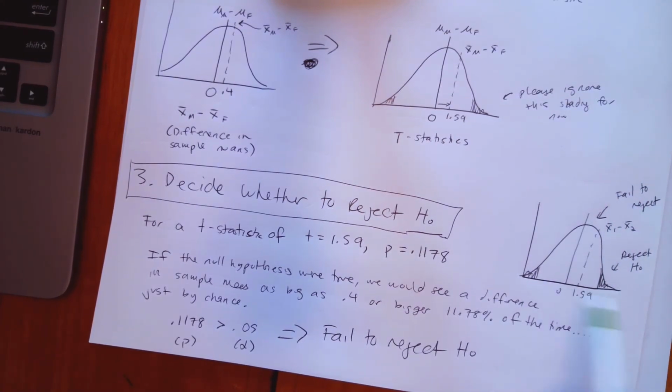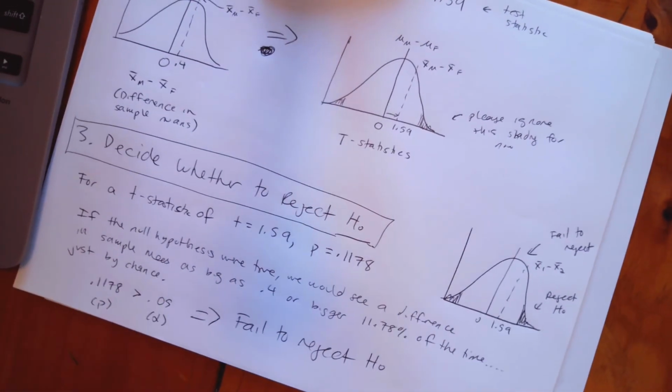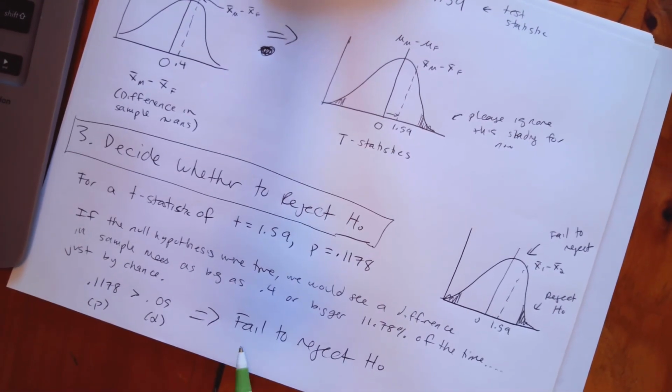So now pay attention to my shading. So let me make sure it's on there. So that's what our p-value is telling us. It's telling us that our sample mean is in this zone where we do not reject the null hypothesis.